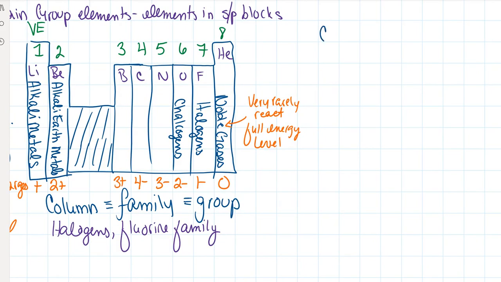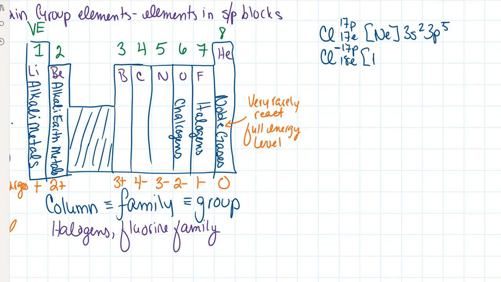So if I take a look at chlorine as a neutral element with its 17 protons and 17 electrons, its configuration comes out to be a neon noble gas core with a 3s2 3p5. But if we see a chloride ion, I still have my 17 protons, but I've gained an electron. And what this did is this had me pick up 1 valence electron.